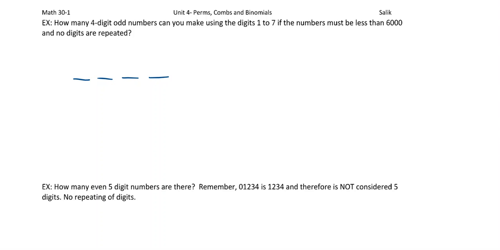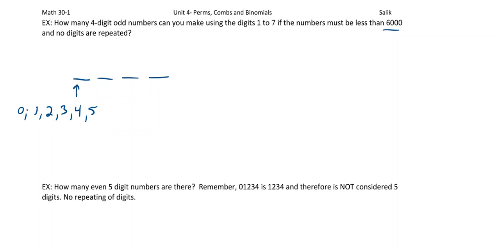It says it's got to be less than 6,000, right? That puts a restriction on our front number. So actually write it down just to get your feet under you when you're doing these. If it's less than 6,000, then the only options for my first number are going to be 1, 2, 3, 4, and 5.